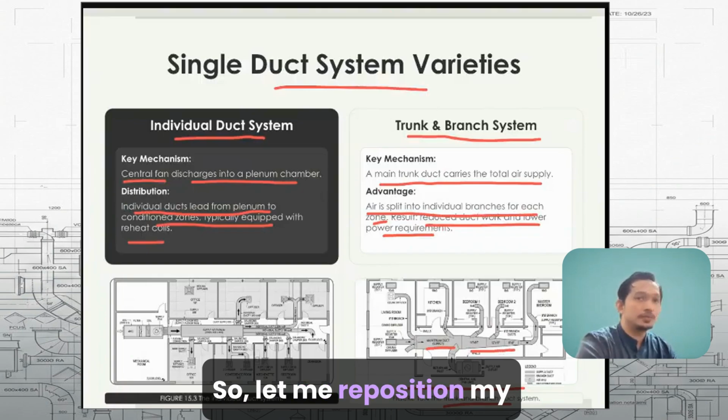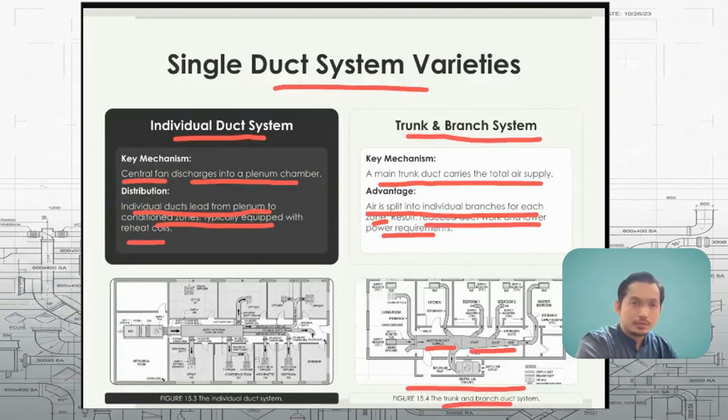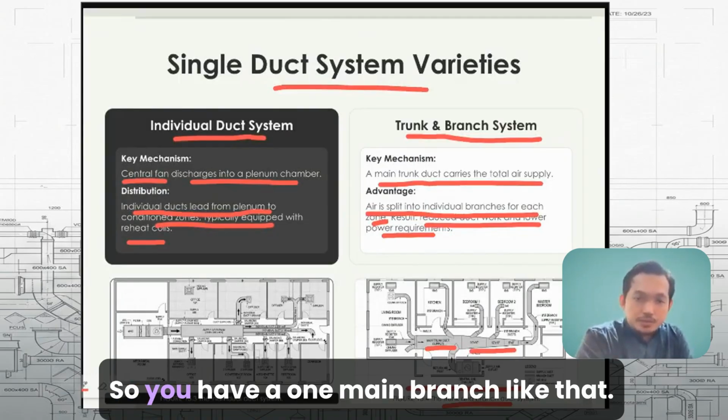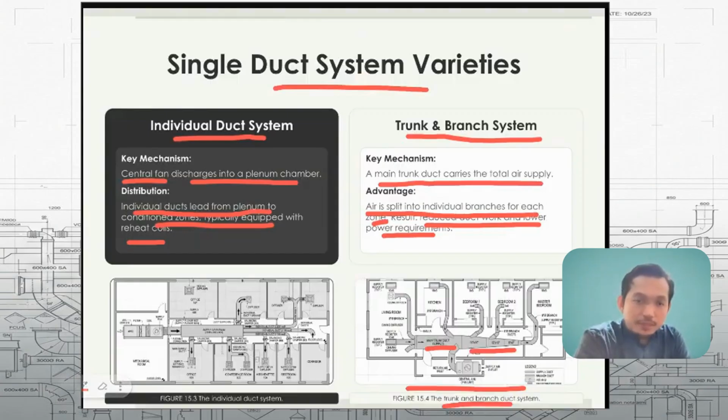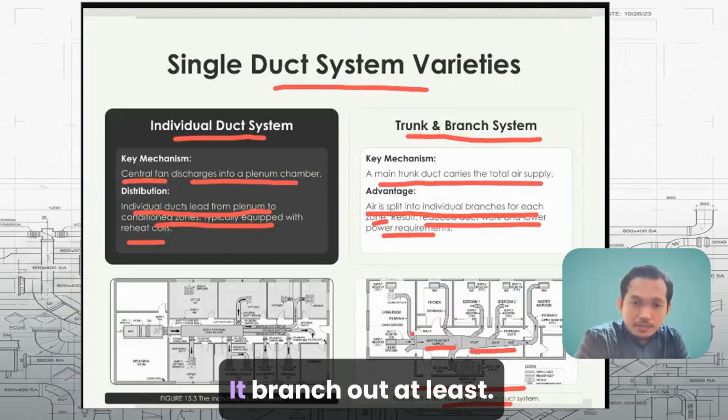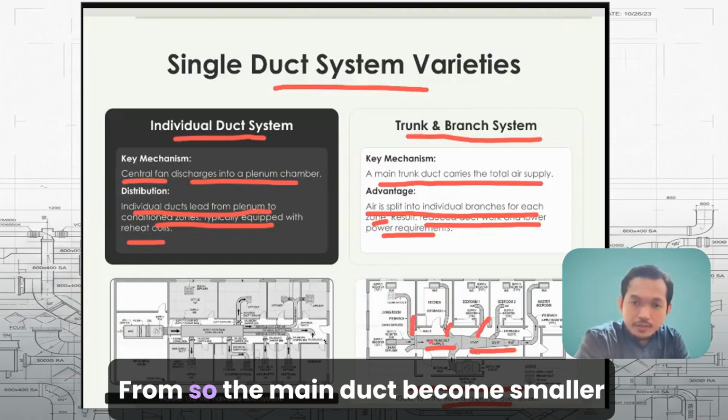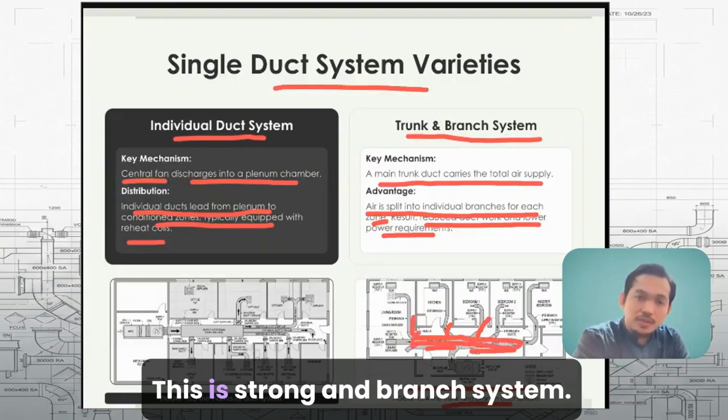Let me reposition my video. So you have one main branch like that, and then it branches out like this. So the main duct becomes smaller and smaller. This is the trunk and branch system.